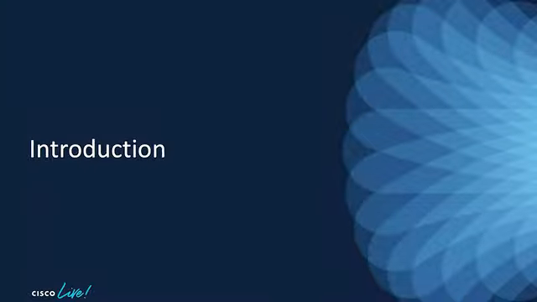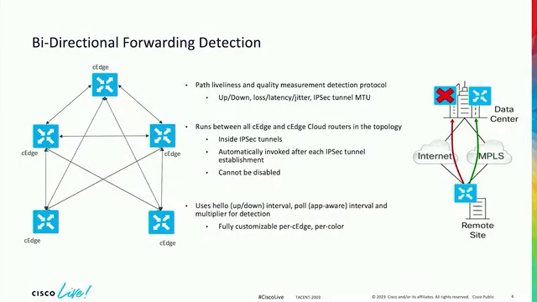So first, our introduction. Why do we use BFD? Basically, as you can see here, BFD helps us to monitor reachability between two remote sites. We need to see if the tunnel is up or down. That's it. Why this is important, we are going to review.